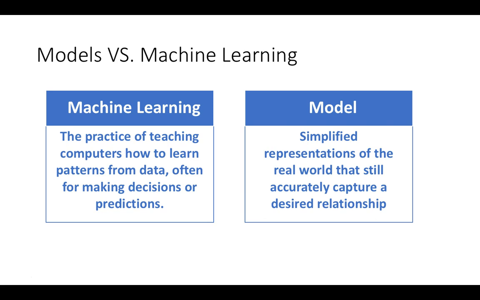A model is a simplified representation of the real world that still accurately captures a desired relationship. That is how we have defined a model. It is a simplified representation of the relationship that exists in any data set between the input features and the target variable. So a good model should accurately capture the desired relationship in as simplified a representation as possible.